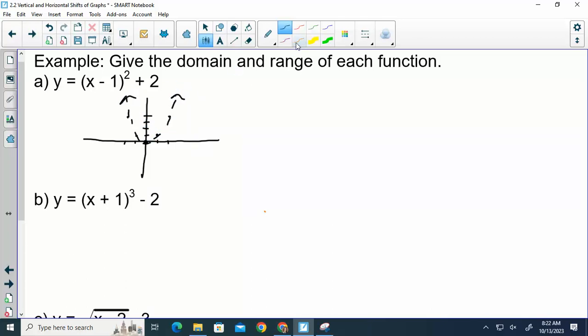Okay, what is happening to this graph? The minus 1 would move it, and the plus 2. So we can move each point right 1, left 2.